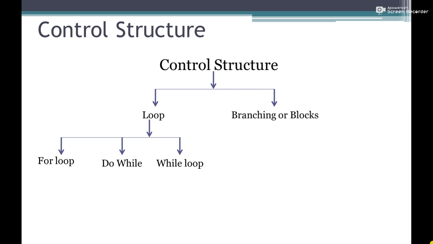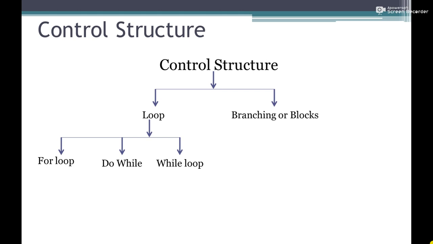The do while will execute all the statements and then check the condition. If the condition is false, it will terminate, or if the condition is true, then it will display the message of the statement already executed. And the while loop will check the condition first, then execute it and then display it. So these are the looping structures.